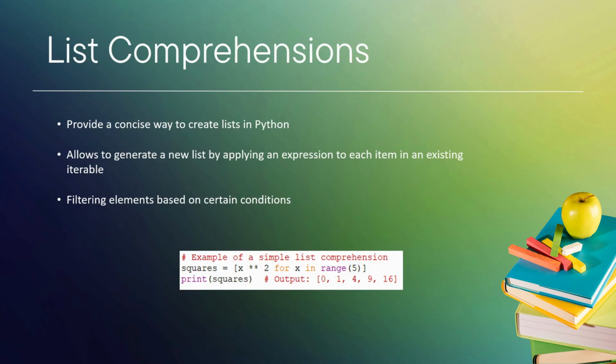The data that we generate in a list can be according to an expression, and we can also extract some data according to an expression from an existing iterable. We can use comprehensions for dictionaries, sets, tuples, but in this one we will have a look at list comprehensions. And it also allows us to filter elements based on certain conditions.